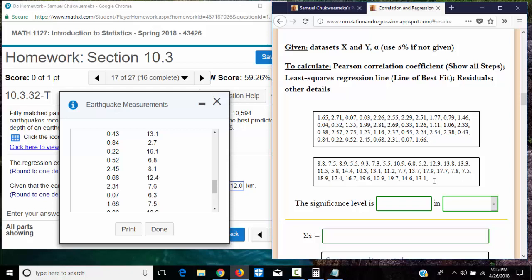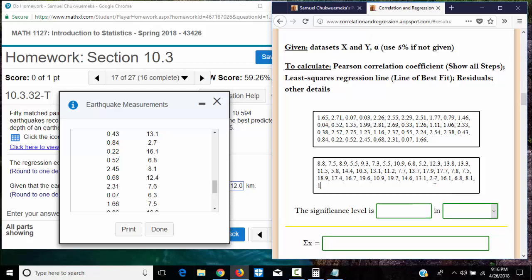Here we have 2.7, 16.1, 6.8, 8.1, 12.4, 7.6, 6.3, 7.5.